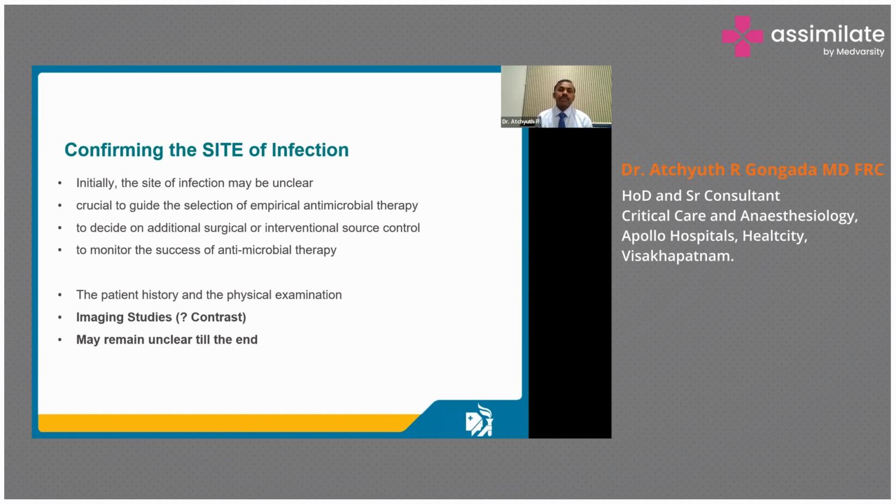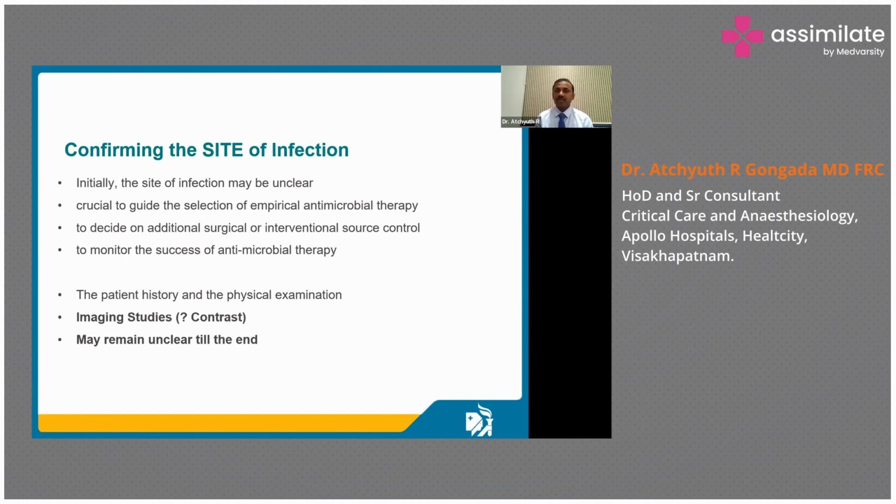And later on, with clinical examination, you might be able to. If with clinical examination you're not able to, you might have to take the help of imaging to localize the infection. So knowing the site of infection would guide us in selection of empirical antibiotic therapy.